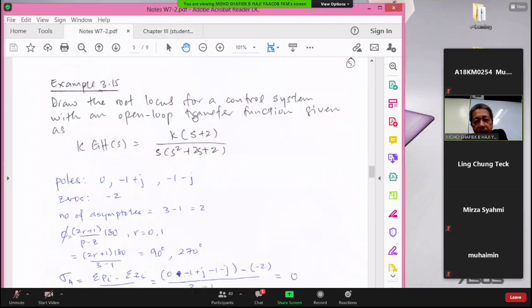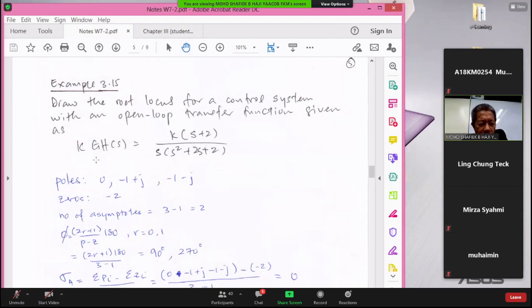So we are given this open loop transfer function. Draw the root locus diagram for the control system with this open loop transfer function. Most of the time in your exam, you will not be given the open loop transfer function. You will be given the block diagram of a closed loop system.